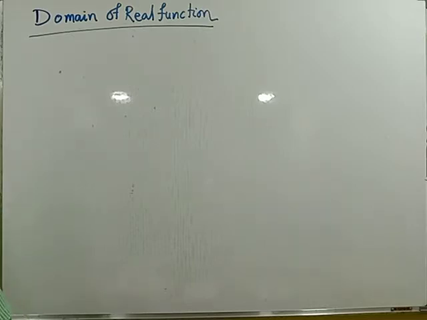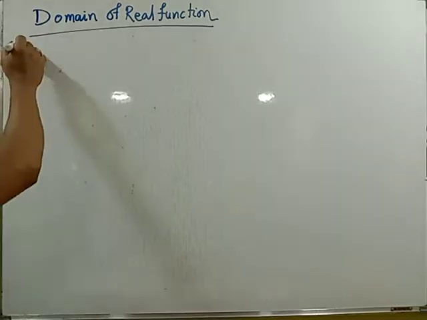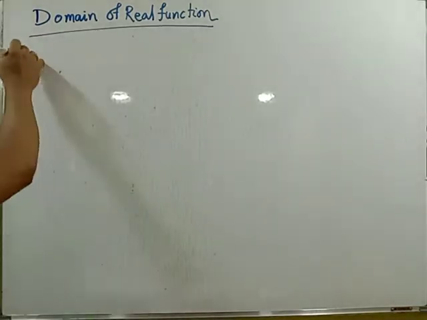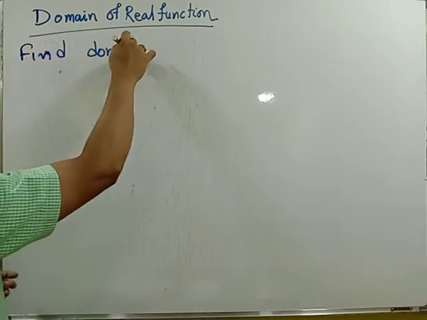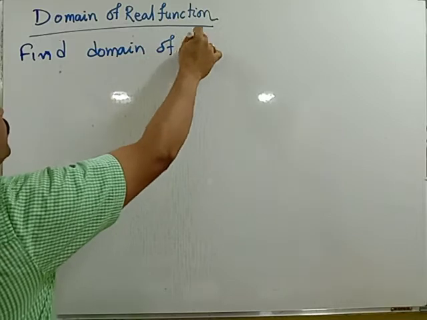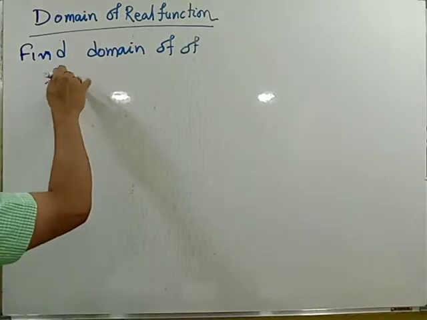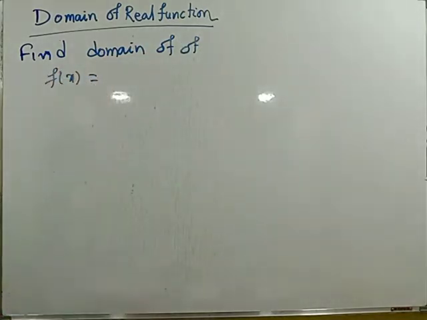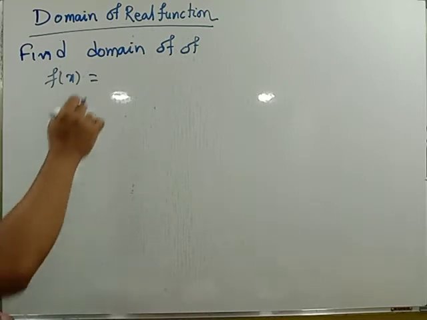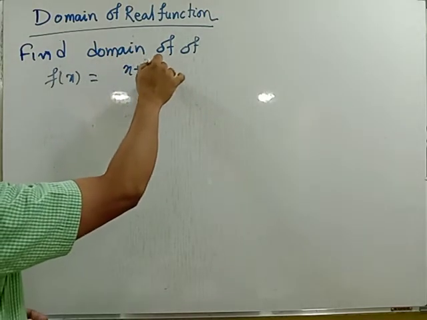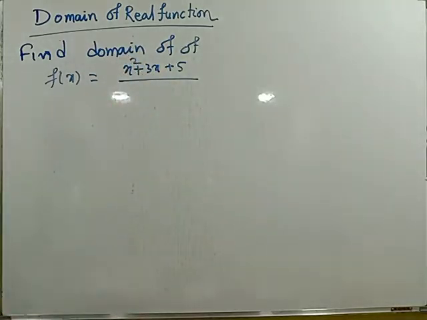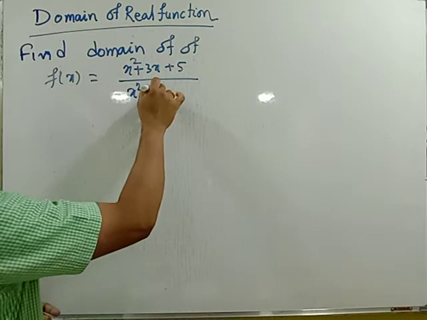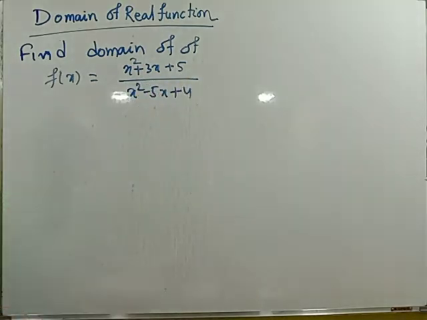Here the question is: find the domain of f of x equals x square plus 3x plus 5 upon x square minus 5x plus 4.